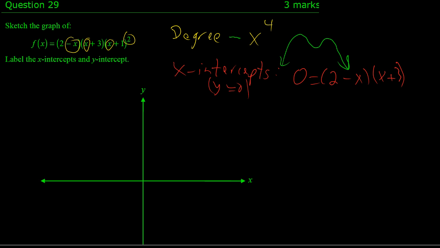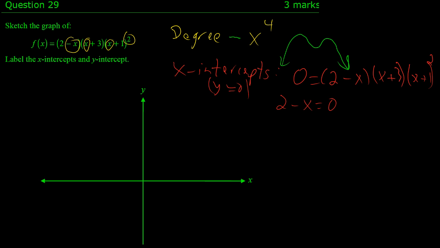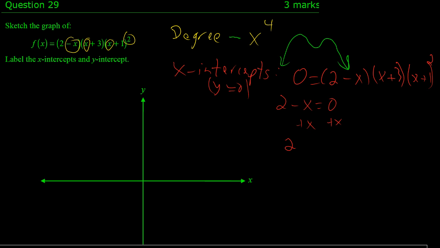And lastly here, x plus 1 squared. So we got 2 minus x equals 0. Add x to both sides. Sometimes this tricks people and they get the wrong sign. So 2 is equal to x, so that's one x-intercept.